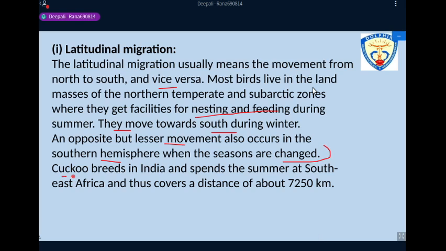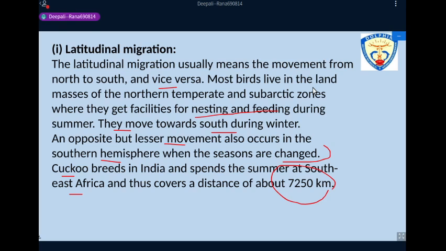The example is the cuckoo that breeds in India and spends the summer in southeast Africa, and thus covers a distance of about 7,250 kilometers. Okay, so in terms of migration, this much distance will be called a shorter distance, because there are certain species on this earth which migrate thousands and thousands of kilometers. So this distance will be considered a shorter span.